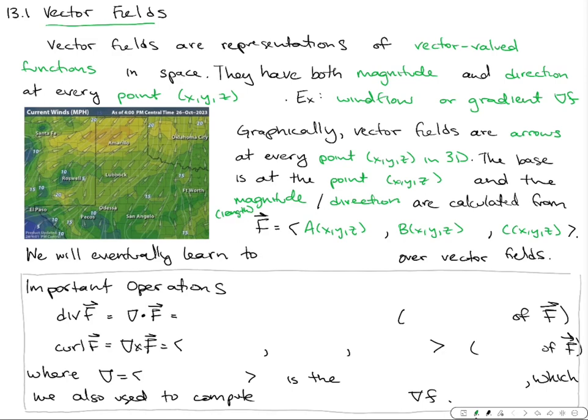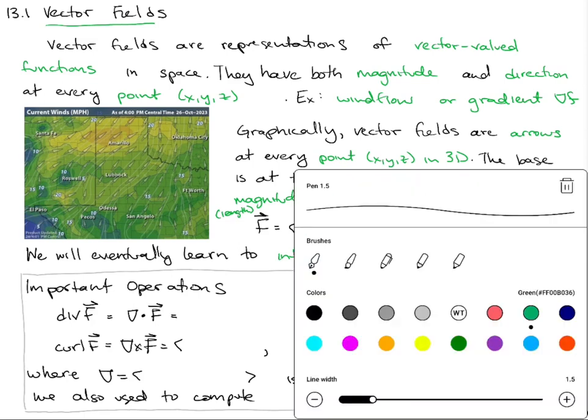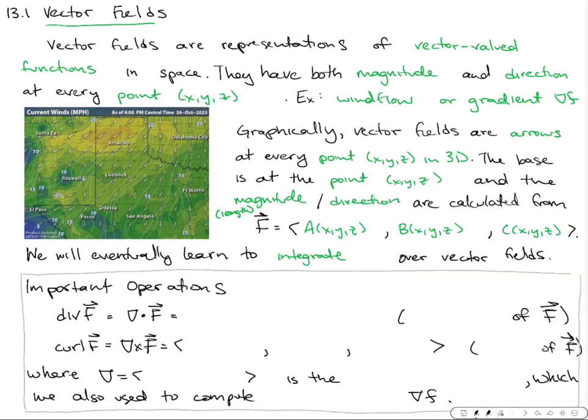Eventually, the reason why we're covering vector fields right now is that we plan to integrate over this type of mathematical object. Looking at this picture of a snapshot around Lubbock of wind flow, you could think about this being somewhere that we plot a vector field. In this example, I'm only doing a two-dimensional vector field, with y in this direction and x in this direction.